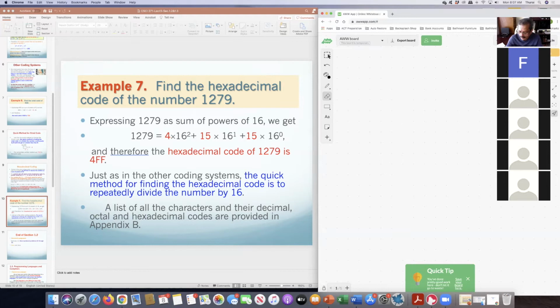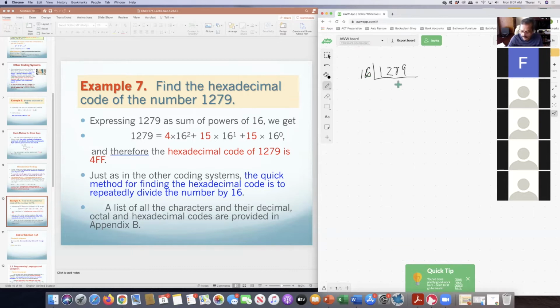So 1279, you divide by 16. I'm going to use a calculator and tell you what the numbers are. 1279 divided by 16 is 79.9375.